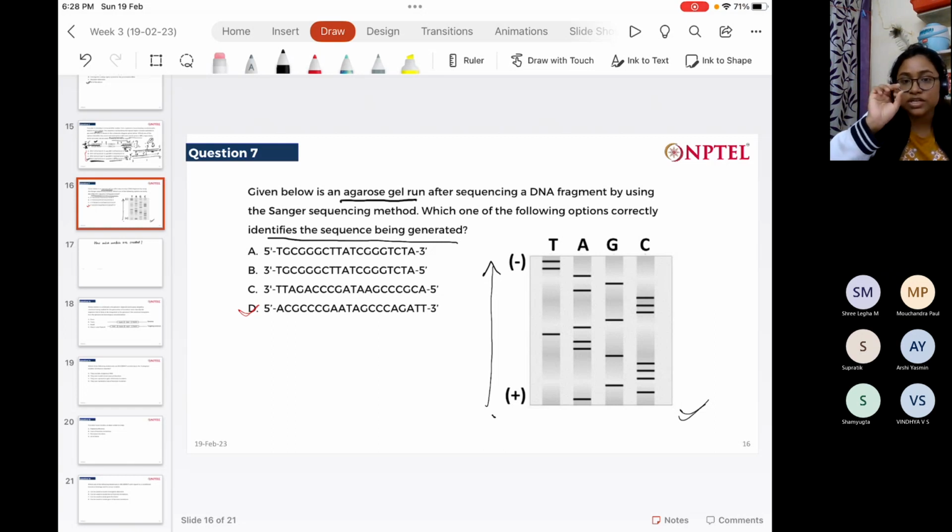So the small DNA strands will migrate fast towards the positive end, whereas the longer DNA strands will remain towards the negative end. So when you are reading this agarose gel, we should start reading the sequence from the small DNA fragments.